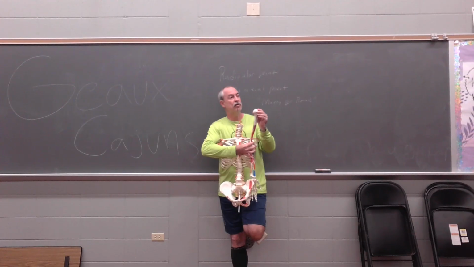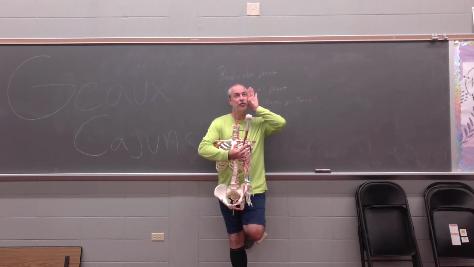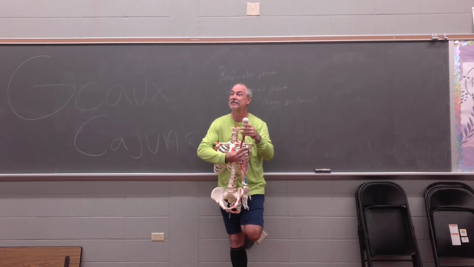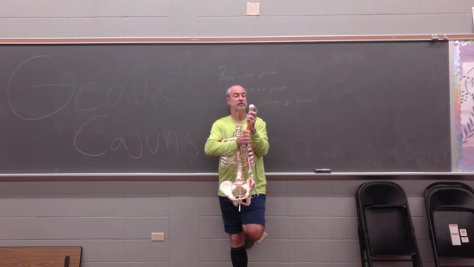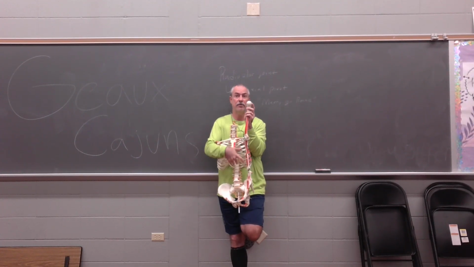Now, the head of the humerus, its surface area goes a lot further side to side than Kendall's face. So what I want you to notice is that smooth on smooth literally goes like to the ear.